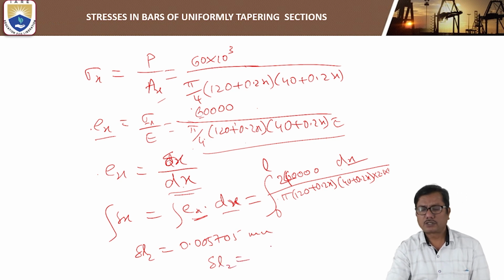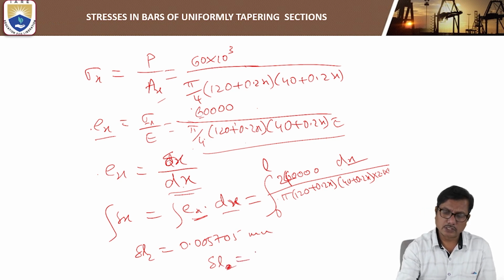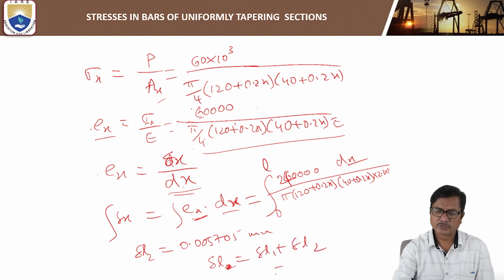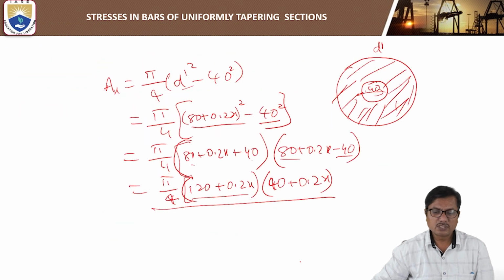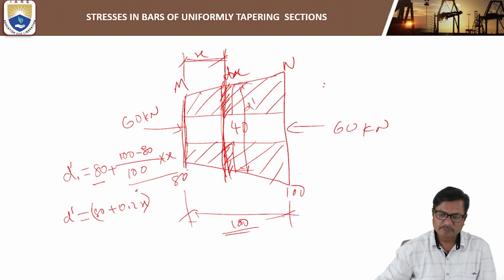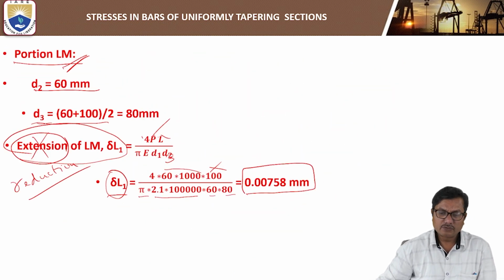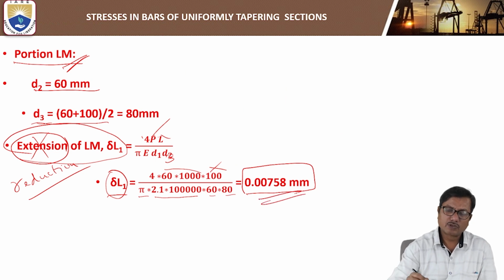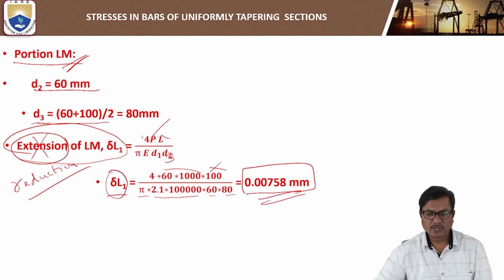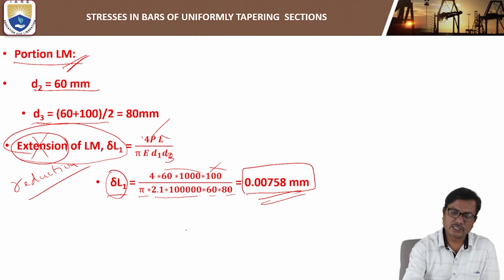So the total change in length, or total compression, delta L is delta L1 plus delta L2. Delta L1 we have already calculated, the extension of portion LM, 0.00758.